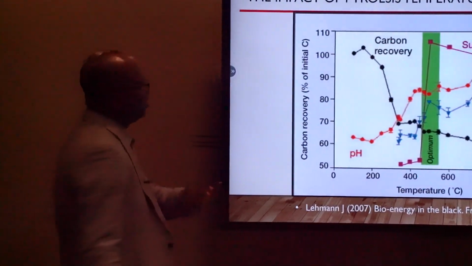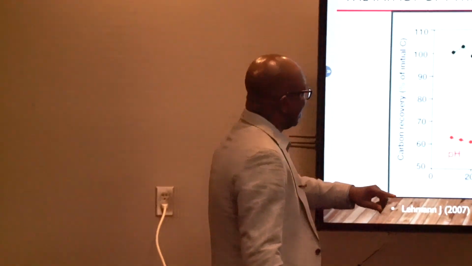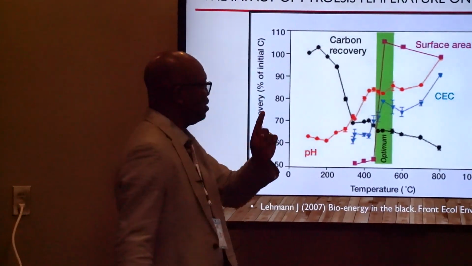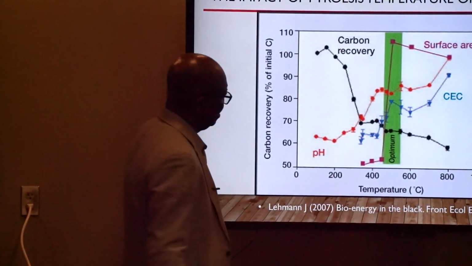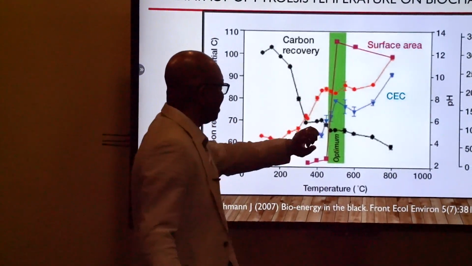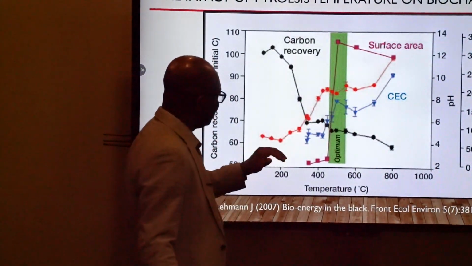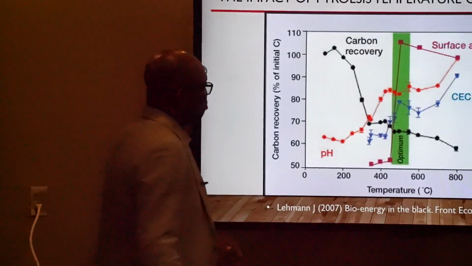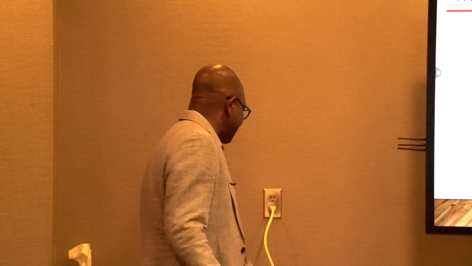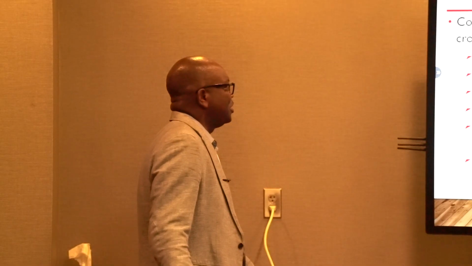That's like a sweet spot where when you heat your biomass, you can affect the pH. You have an optimized pH and all the parameters for biochar that are good for the properties that we saw in the previous slide, like carbon recovery, the surface area, cation exchange capacity, pH, and so on and so forth. So that's a great guide in terms of pyrolysis temperature.